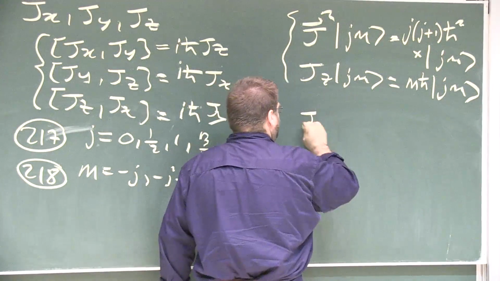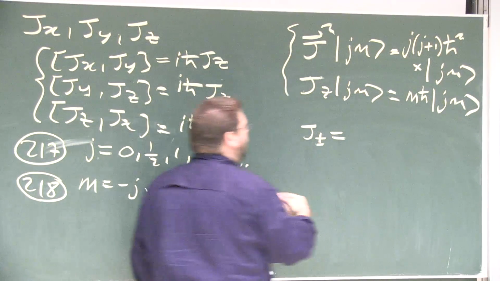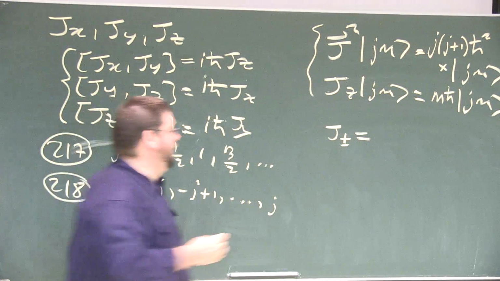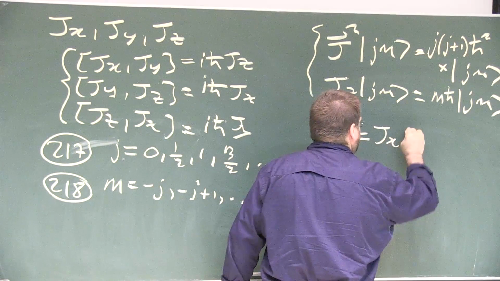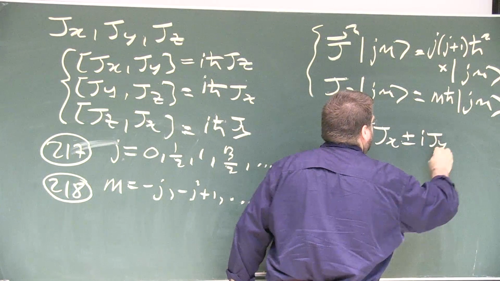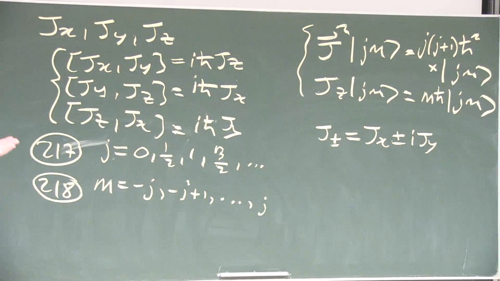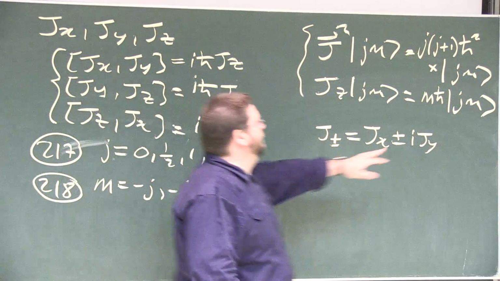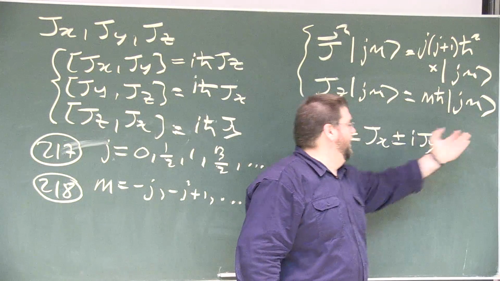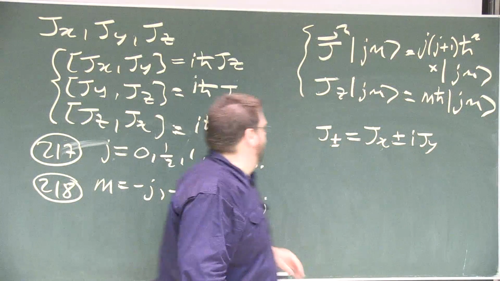Lastly, we introduced raising and lowering operators, J plus and J minus, as certain linear combinations of the Jx's and Jy's. The raising operator J plus would increase the m value of a generalised spherical harmonic by 1, and J minus would drop it by 1.